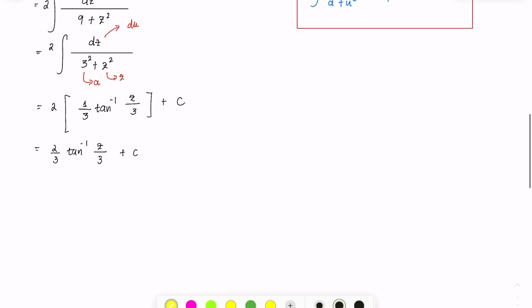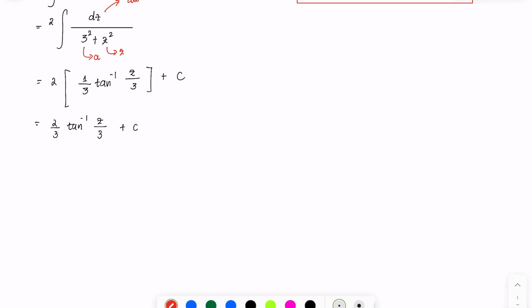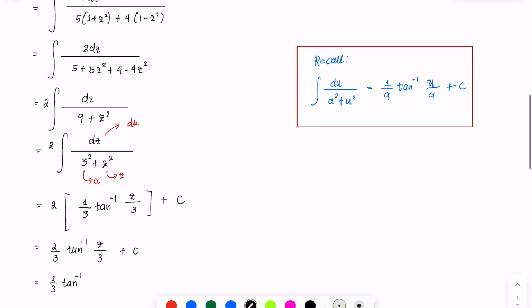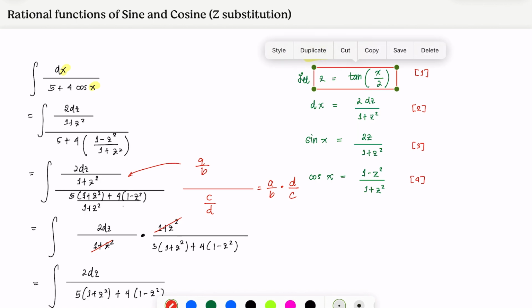So although this is the answer in terms of z, we're going to return the variable to its original variable, which is x. You simply substitute the value of z in terms of x. Recall that we initially let z, which is the standard thing to do in z-substitution, be equal to the tangent of x over 2.